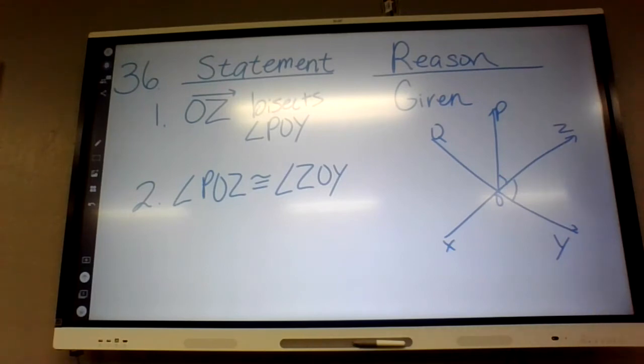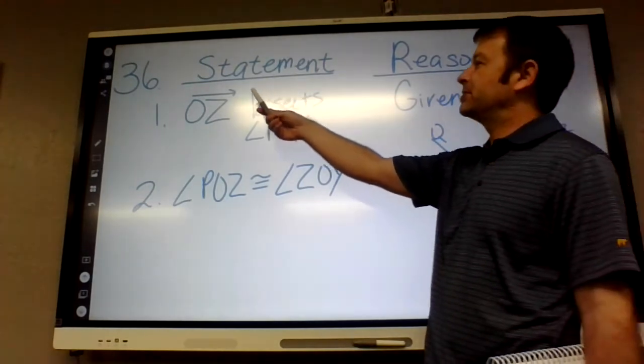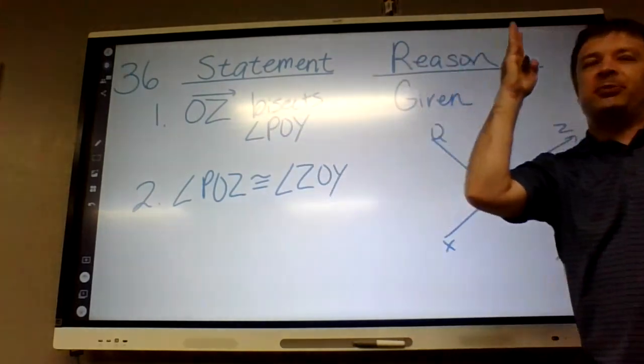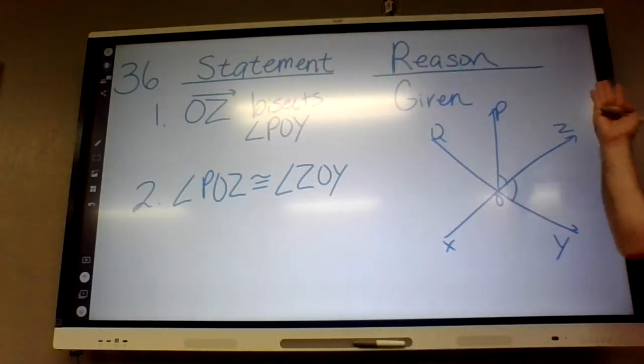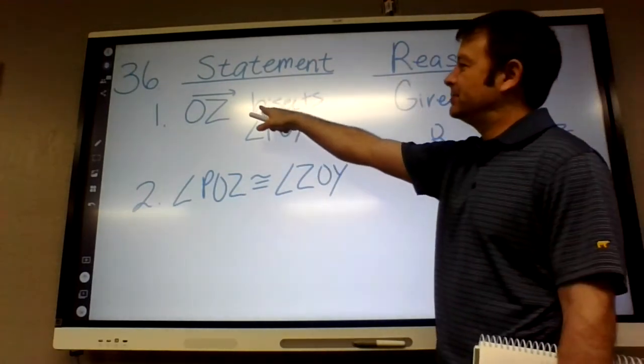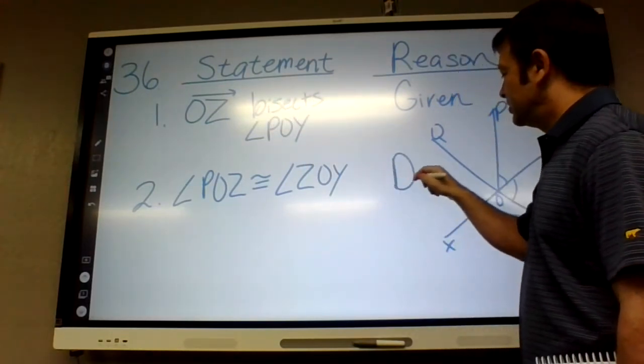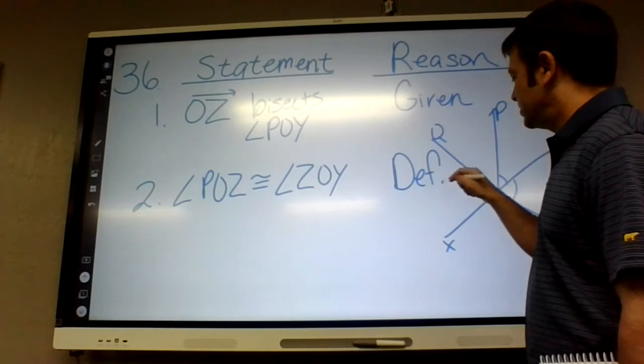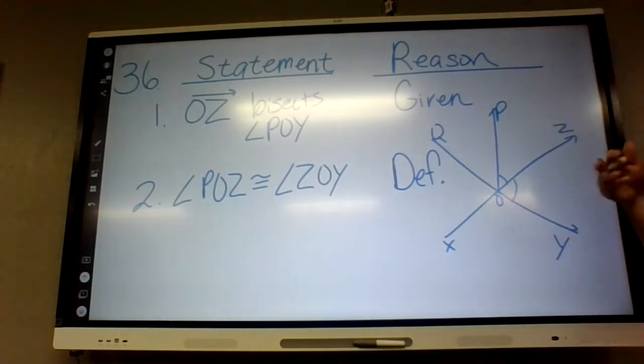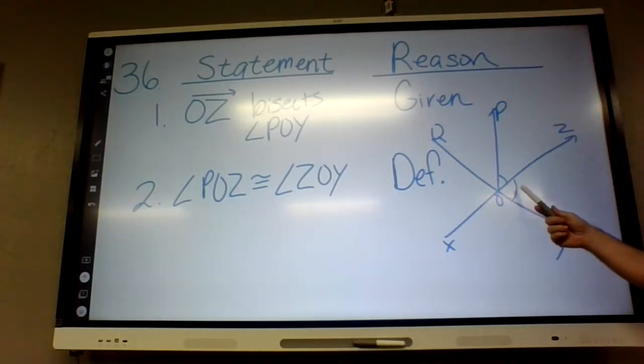And then the reason. What do you guys think the reason is? Something with midpoint, yeah. Well, it's not a midpoint actually. The midpoint is the middle of a segment, but what's the thing that cuts an angle in half? Okay, the reason we know that's true is because that's what an angle bisector is, right?